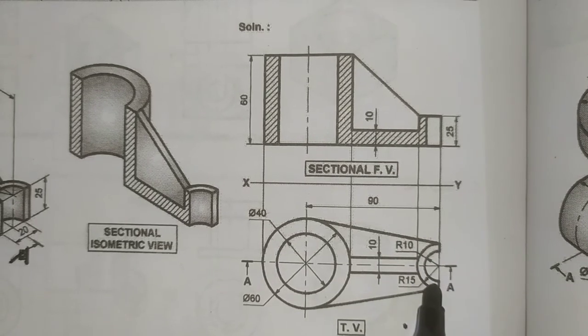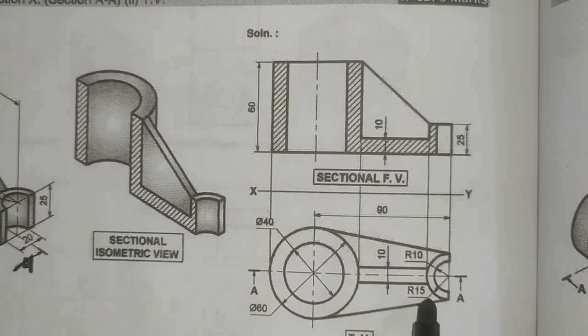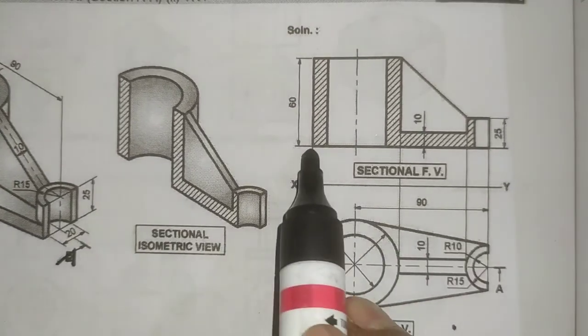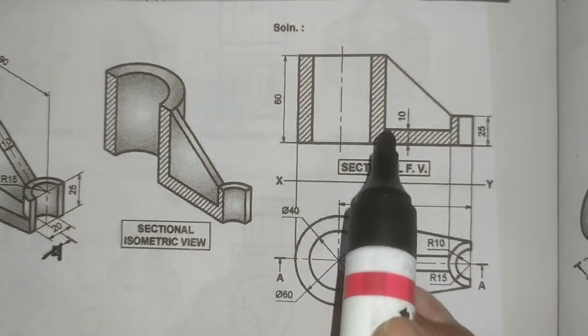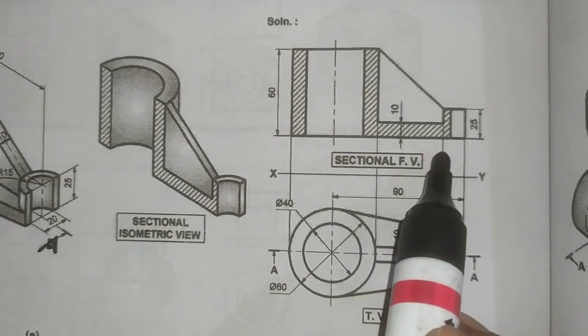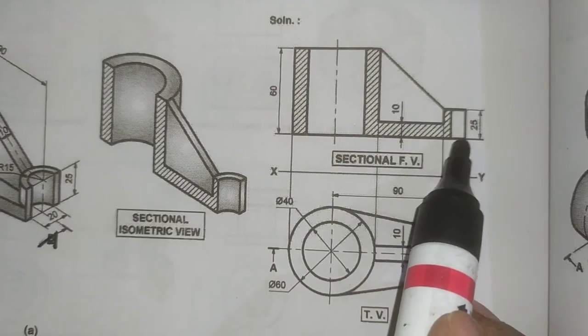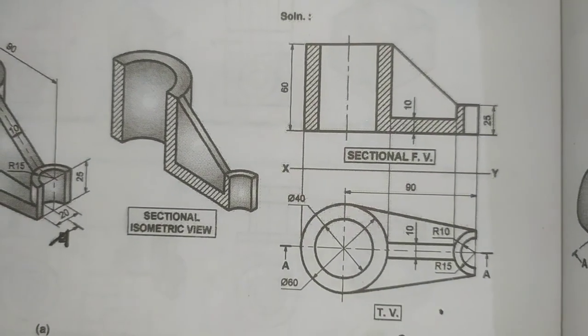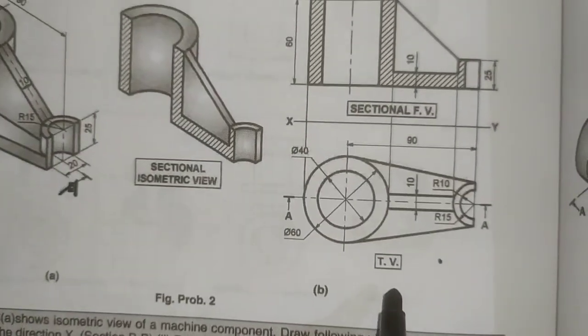Radius is 10 mm. External radius is 15 mm. What is the thickness of rib? 10 mm. Then XY line. Draw one horizontal for cylinder as I have shown in the steps. And you can directly draw this and give the dimension. In this way, name it sectional front view and this as top view. Okay, thank you.